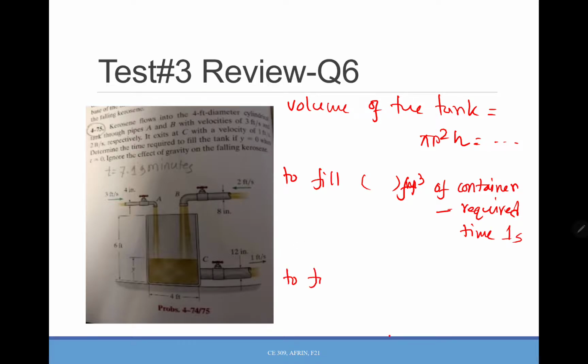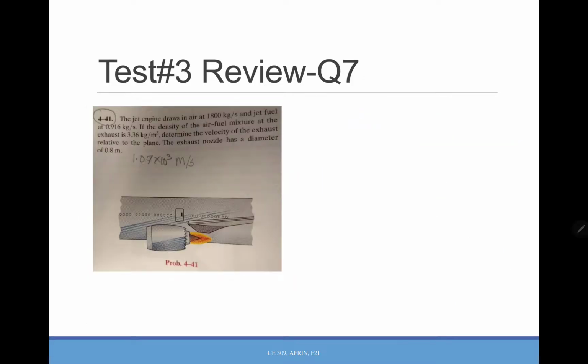So to fill that pi r square h container, what will be the required time? That's what you need to find. Okay, so you can do that. The answer is 7.19 minutes. So you need to convert your answer into minutes for this one. Okay, so this is review Q6.